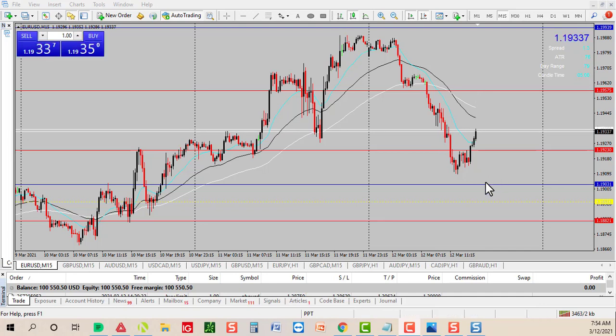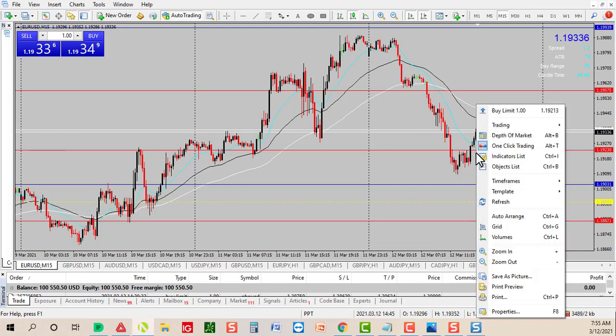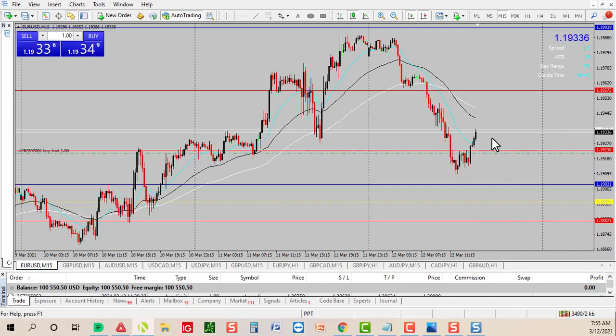Now, let's look what's going on here. We had a break through our red price point and through our blue moving average price point. My expectation is price is going to come down and test right here in this area. So I am putting an order, a buy limit order.